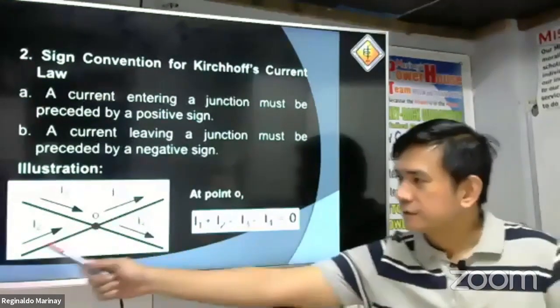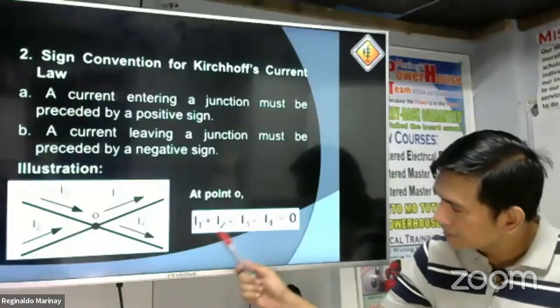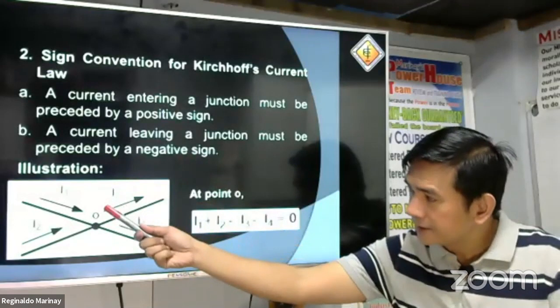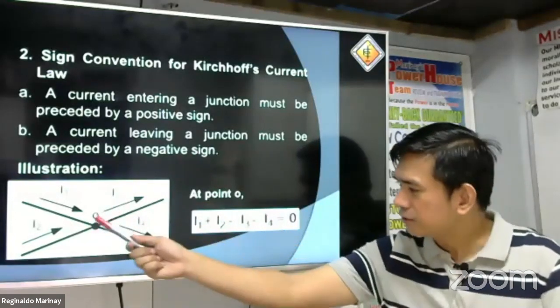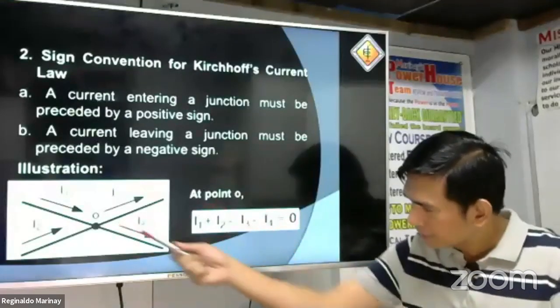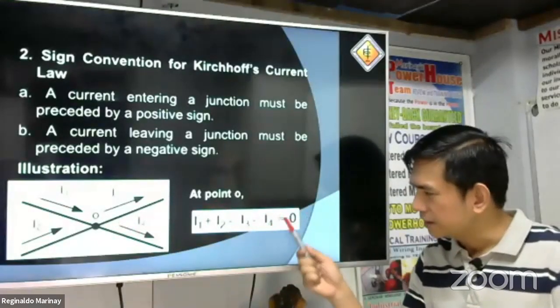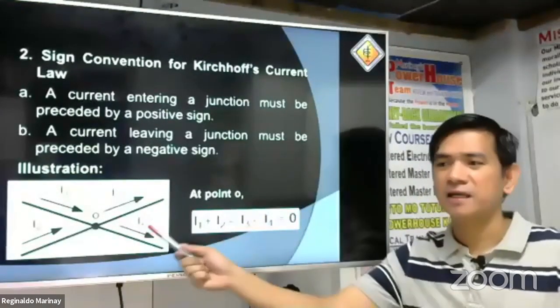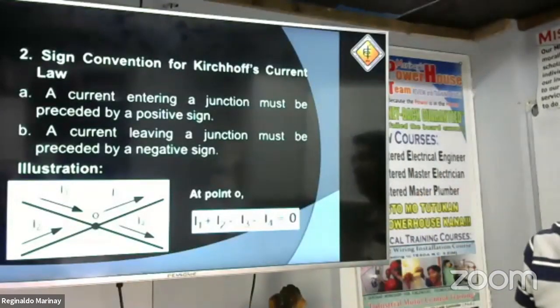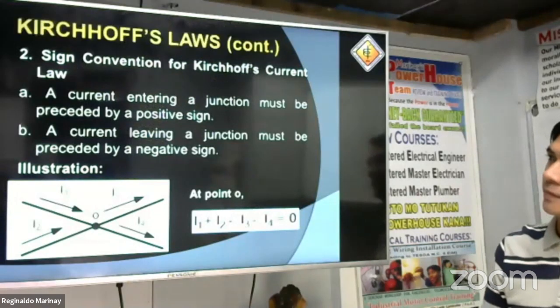I2 is entering also, that is positive. I3 is leaving at point O, so that is negative. I4 is leaving, that is also negative in sign. That is a simple Kirchhoff's current law. Okay.